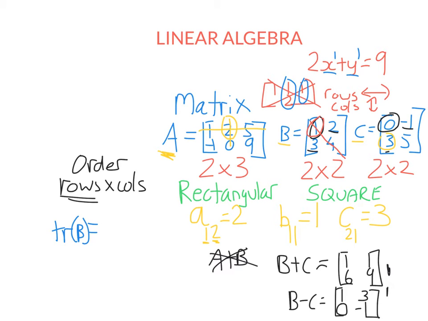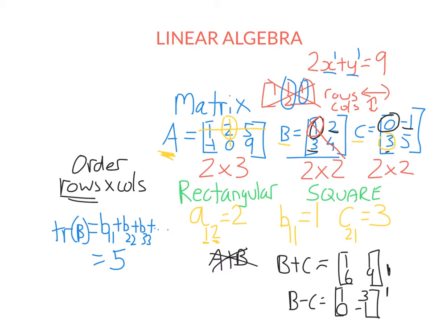So what we're actually after is the 1, 1 element added to the 2, 2 element, to the 3, 3 element, and so on. Of course, in this matrix here, we don't have a 3, 3 element because it only has 2 rows and 2 columns. So it's just all the numbers added together on the leading diagonal. So the trace of B in this case would just be 1 plus 4, which is 5.